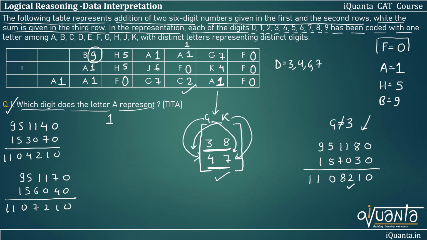We can see that F always has a value of 0 in all the cases, A always has a value of 1, H always has a value of 5, B always takes value 9, C always takes value 2 in all the cases.